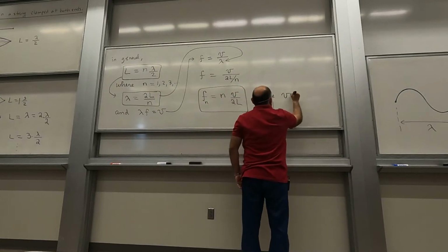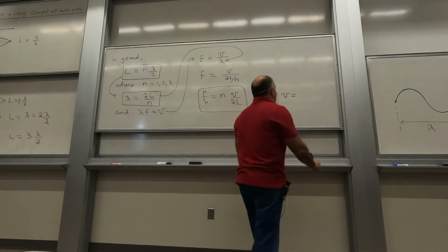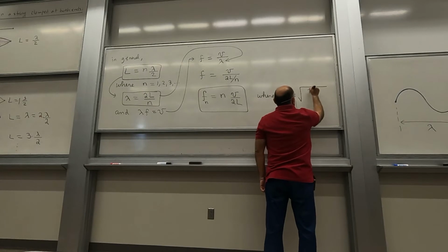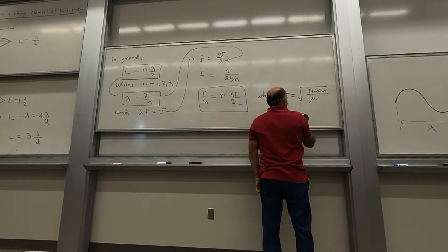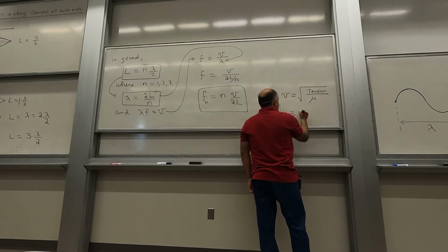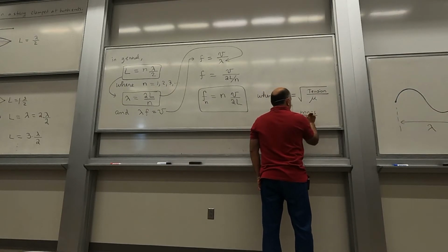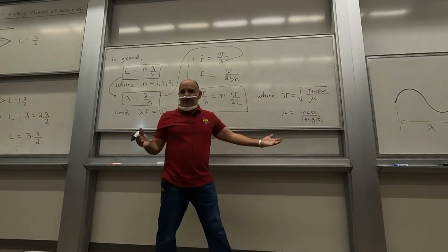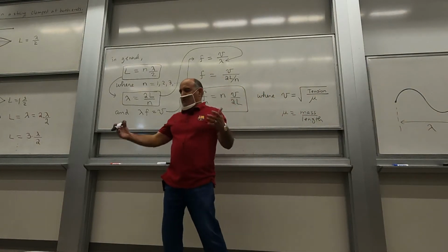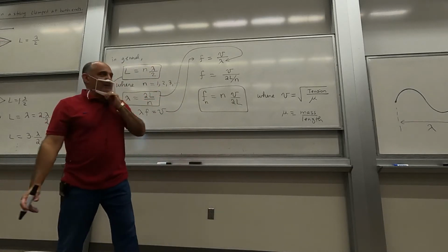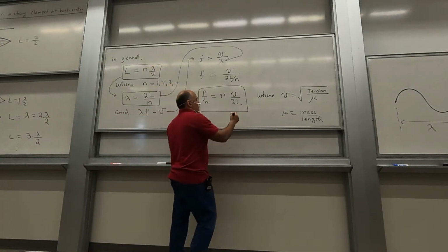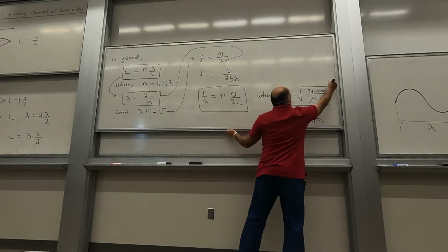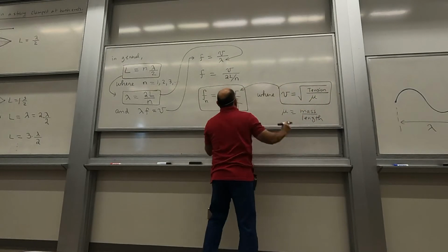This will be the speed of the transverse waves in the string, which is related to the tension in the string divided by the mass per unit length. So mu is the mass per unit length of the string. It's what the mass is in kilograms if you just consider a length of 1 meter of that string. So that's the speed of the waves, so that goes in there.